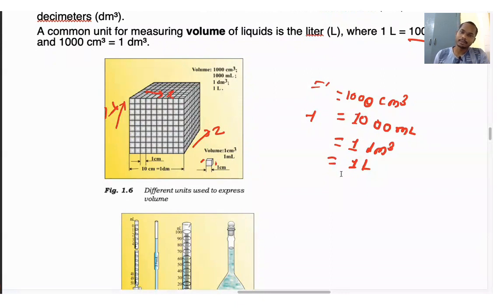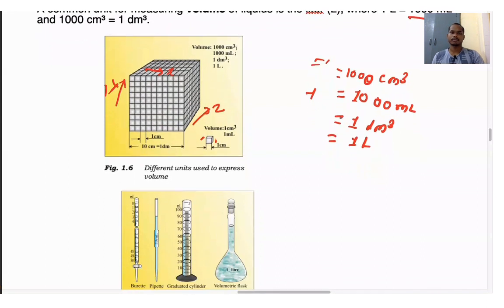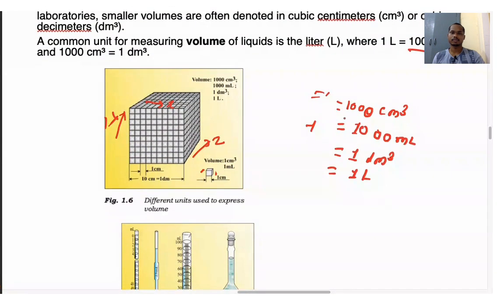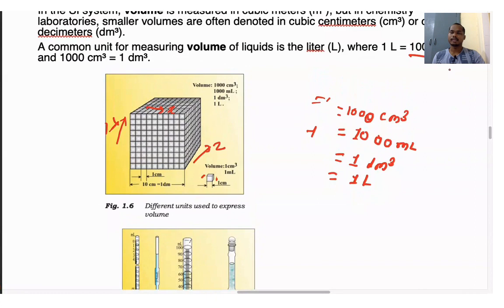If it is a liquid, then it is expressed in liter, but if it is a solid, then it is cubic. Liter and ml, small amounts, and ml.